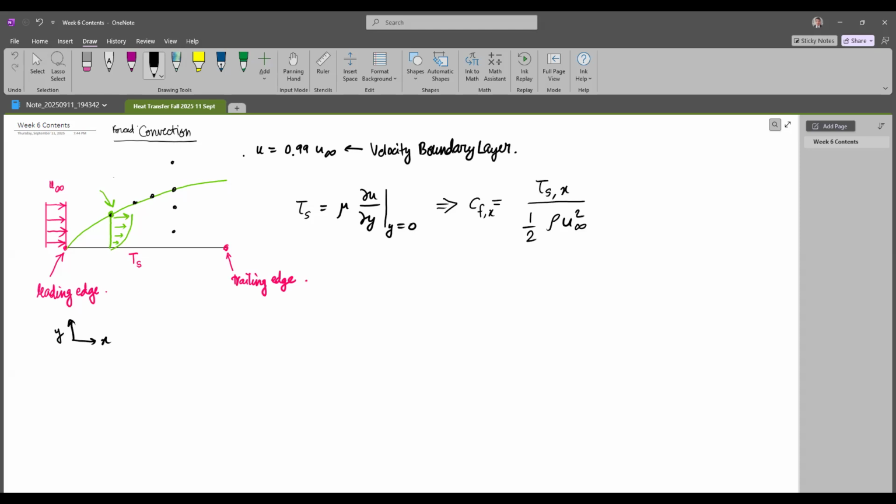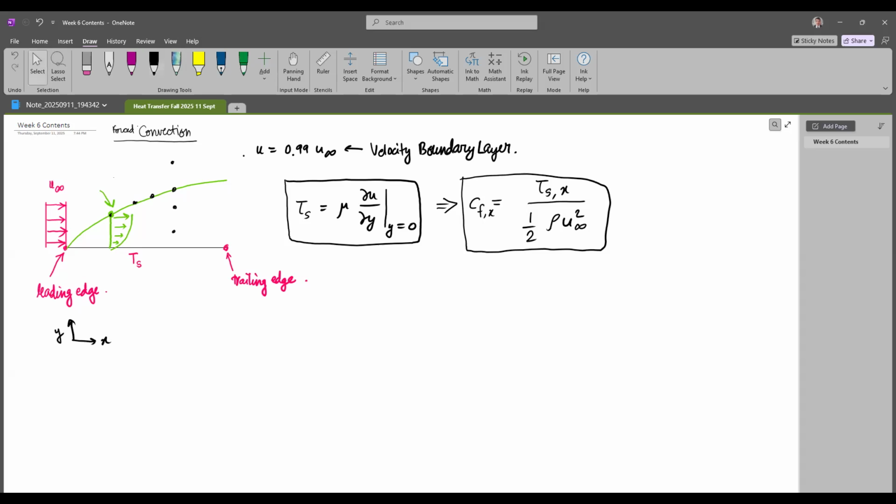So these are the two formulas which are very commonly used in flow over a flat plate. They ask you to calculate the shear stress and the local friction coefficient. Sometimes, majority of the times, there is the heat transfer coefficient as well. And usually they ask you to calculate the averages, and that's all. I think the majority of problems which I've seen on this topic are related to this.